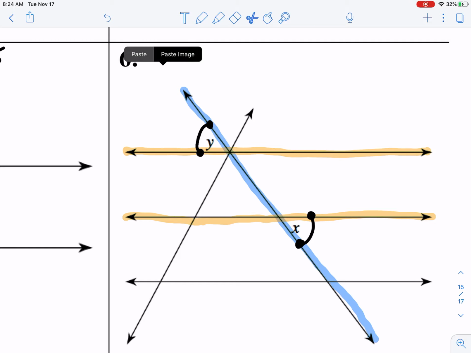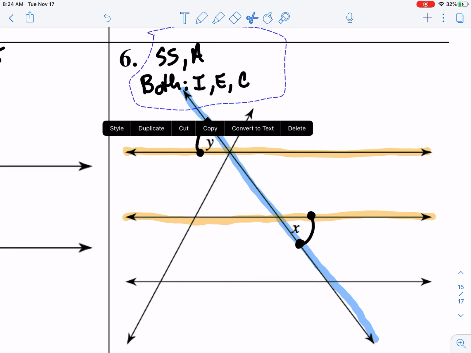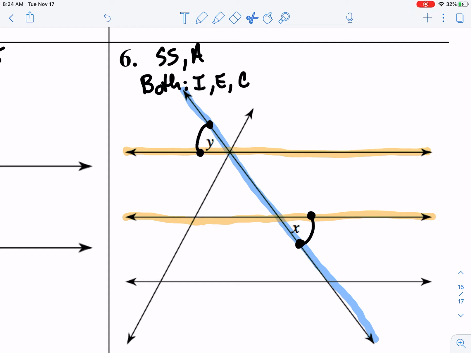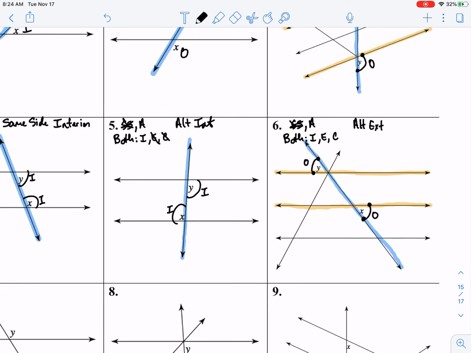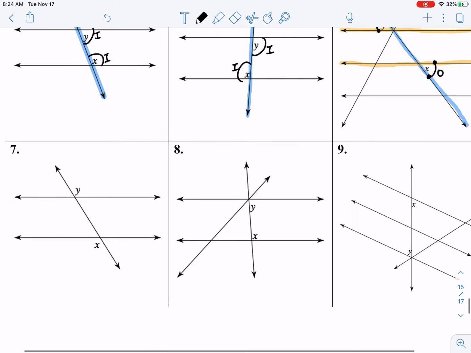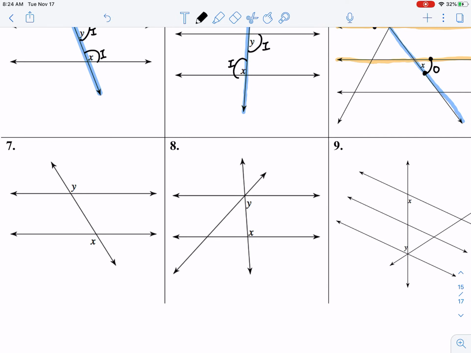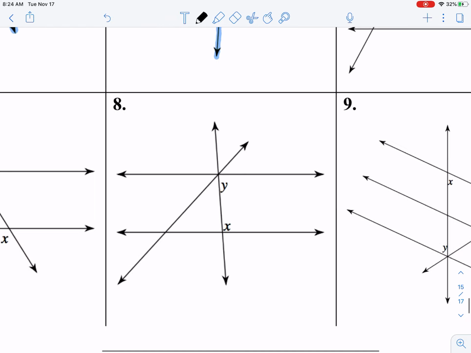Again, I answered the following questions. In relationship to the transversal, they're both on the same side or alternate. Y is on the left, X is on the right, so they're alternate. Y is exterior or outside, X also outside, so these are alternate exterior.